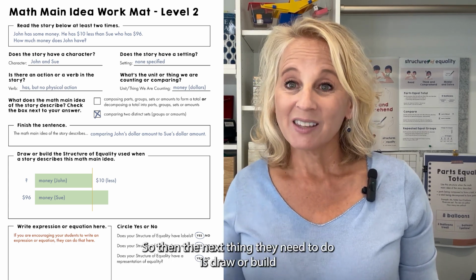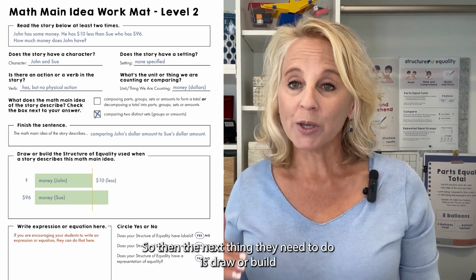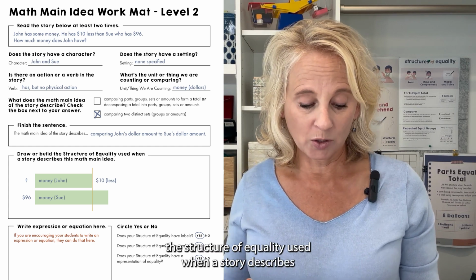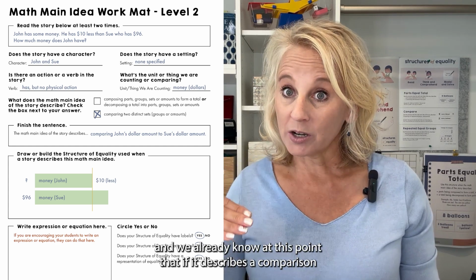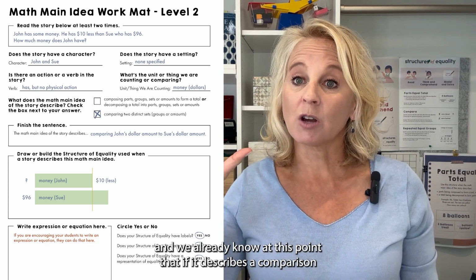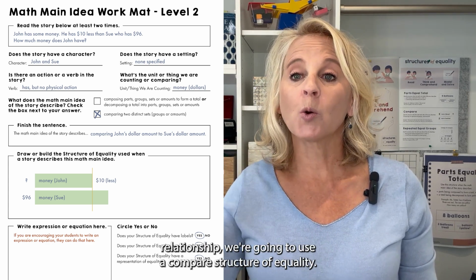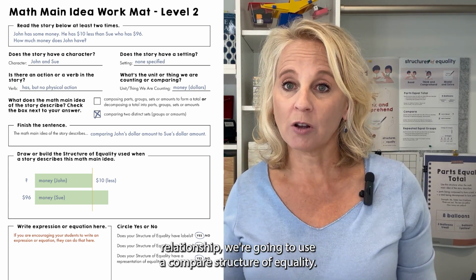So then the next thing they need to do is draw or build the structure of equality used when a story describes this math main idea. And we already know at this point that if it describes a comparison relationship, we're going to use a compare structure of equality.